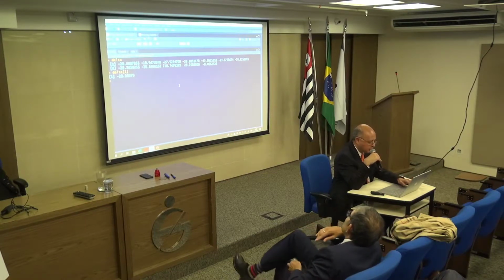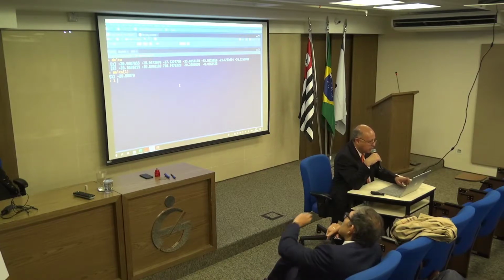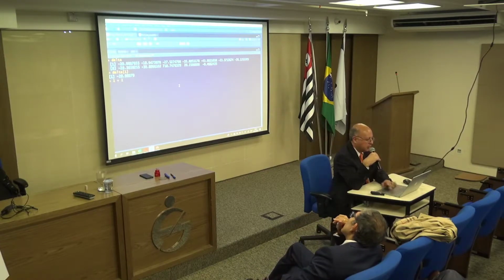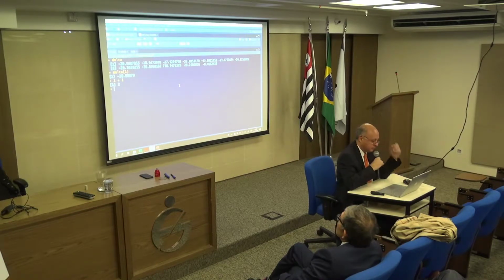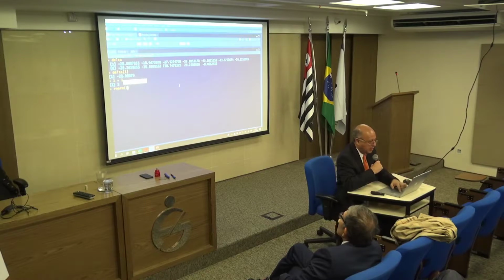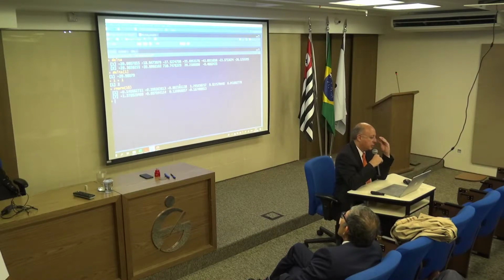this is the console, and the console is where you do your calculations. For example, if I want to say 1 + 1, I go to the console and I get an immediate calculation. If I want to generate, for example, 10 numbers from the standard normal distribution, 0, 1, here are 10 random numbers.